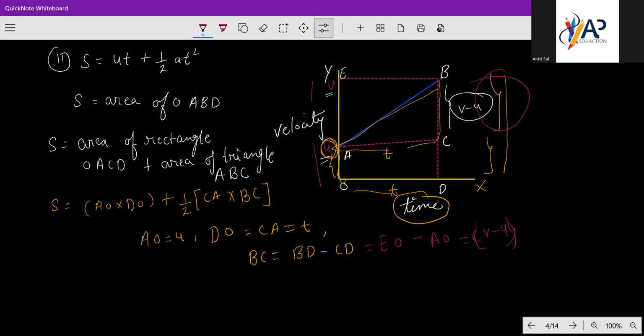Now we use the second equation of motion, s equals ut plus half at square.